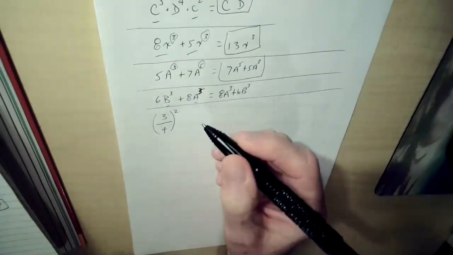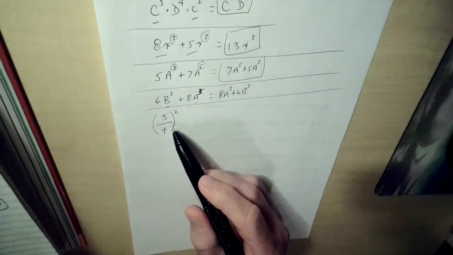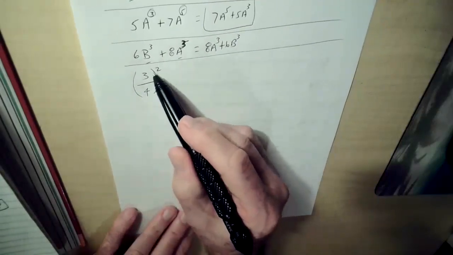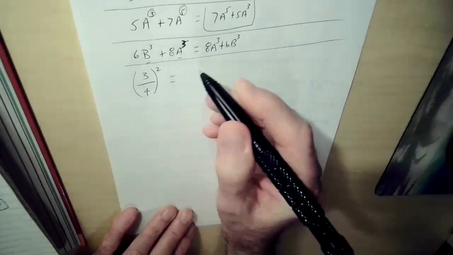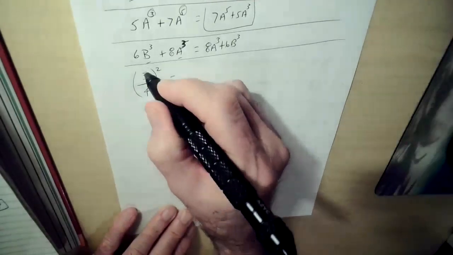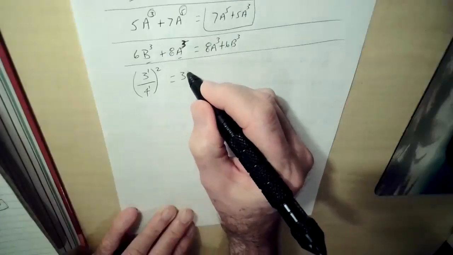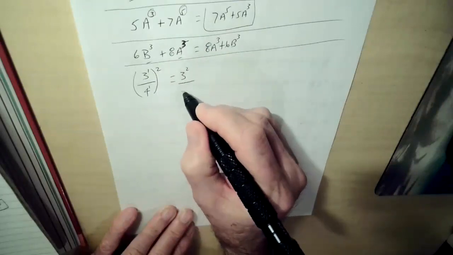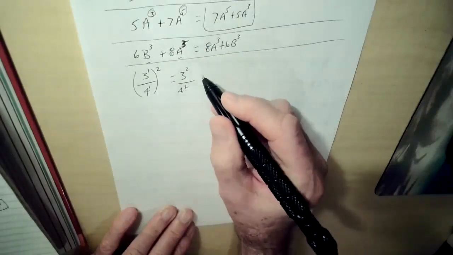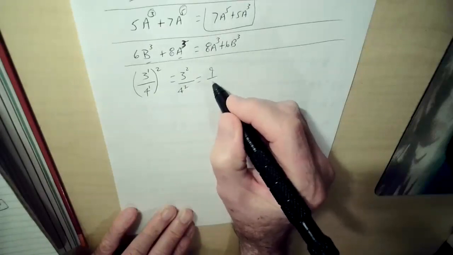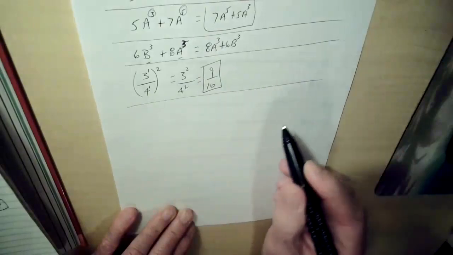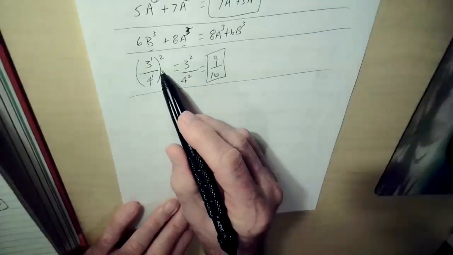Now, what if we have this? We have 3 over 4, all squared. This is kind of like the distributive property for exponents. You have to distribute the 2 over everything inside here, because remember, this is the power rule. The exponents here are 1s. This is going to be 3 squared over 4 squared.